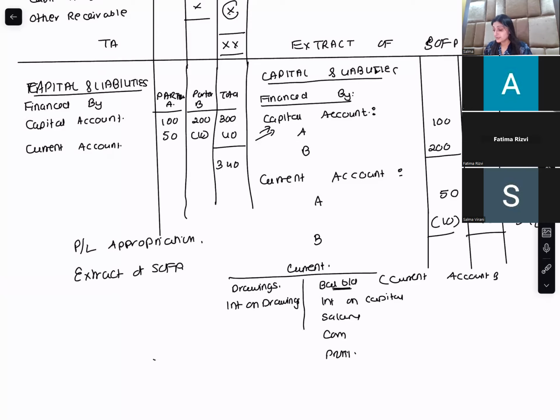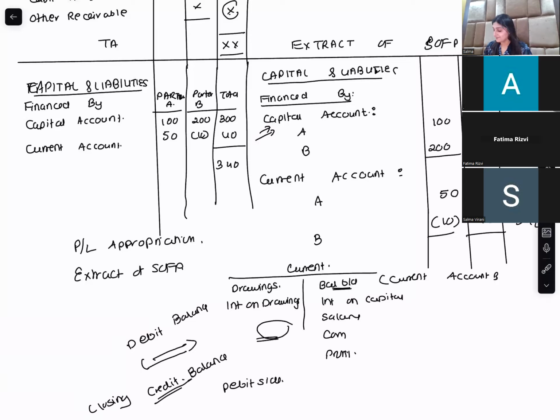Understand, current account can have a debit balance also, and current account can have a credit balance also. If it is a credit balance, it is a closing credit balance. Which side will it appear on? Opposite side, debit side. So this is normal.